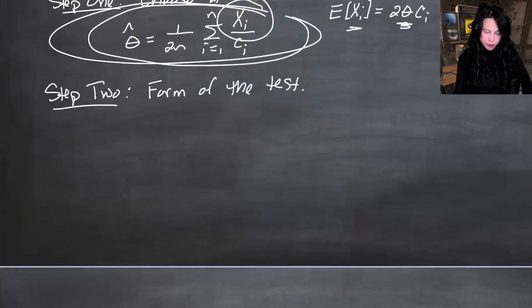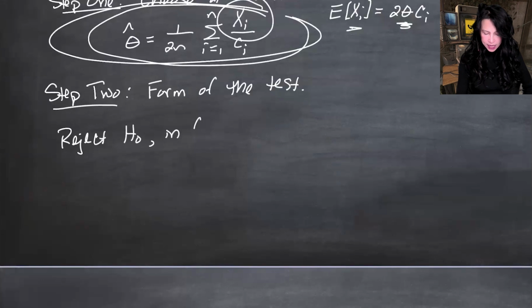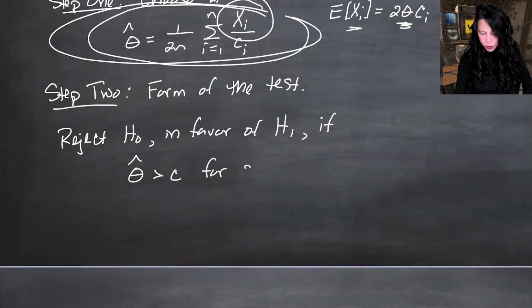So that's going to be the form of my test. We're going to reject the null hypothesis in favor of the alternative if the MLE is greater than C for some C to be determined.